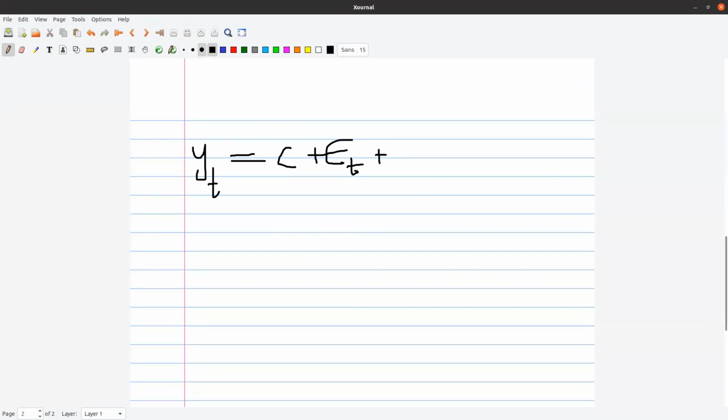And we have the theta values. Sorry for my handwriting.